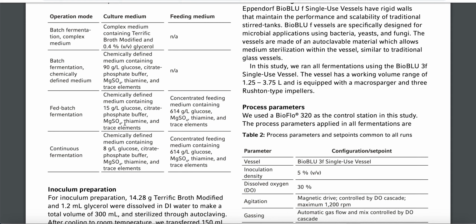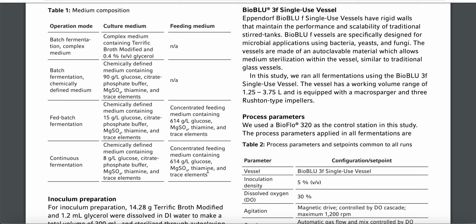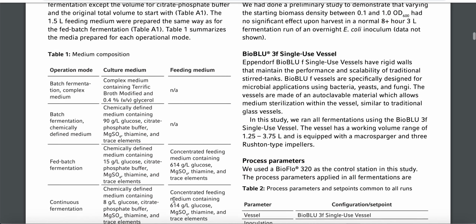So I guess here they use 614, a very highly concentrated medium, and then this is also highly concentrated, but the initial culture medium is not that much. The feeding medium is highly concentrated, the culture medium is not.